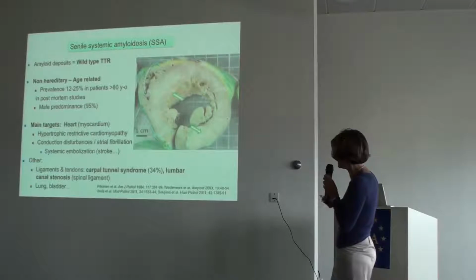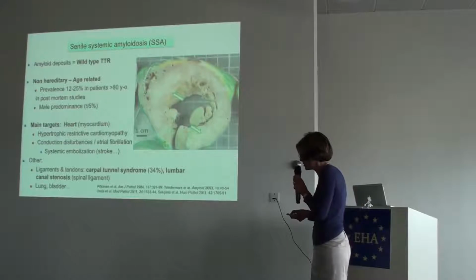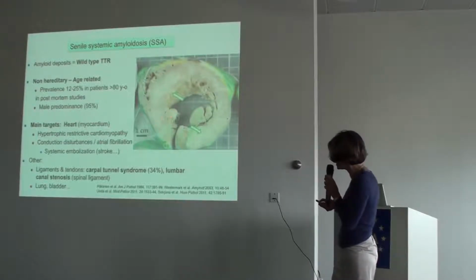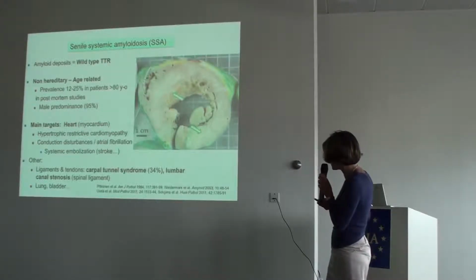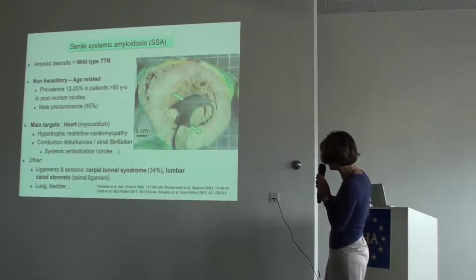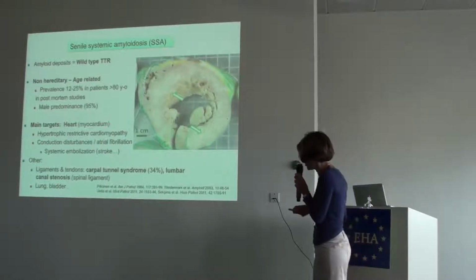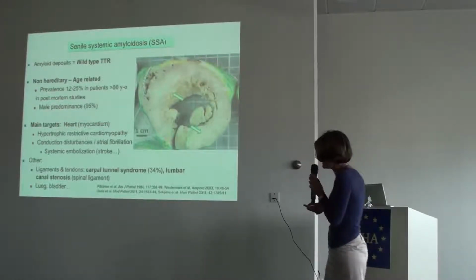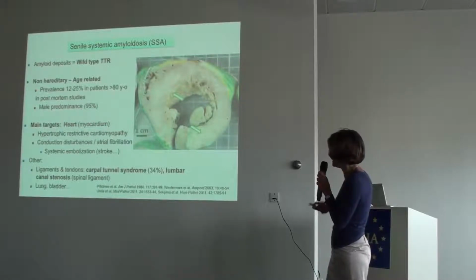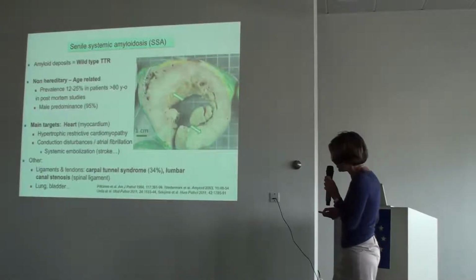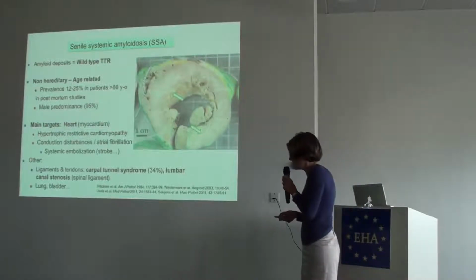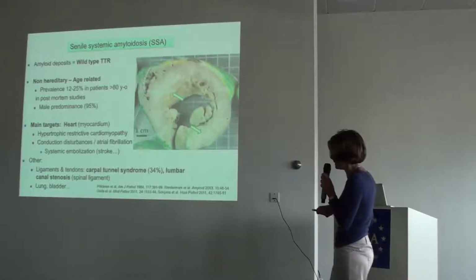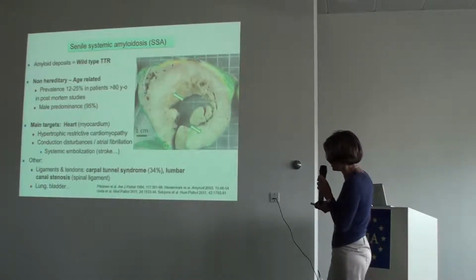You can see in the autopsy of one of our patients, the main target of the amyloid deposition in this case is the heart, and you can see here macroscopically on the heart of our patient the huge amyloid deposition. There is a male predominance in this condition, and obviously we don't really know yet the prevalence of this condition in the elderly population.